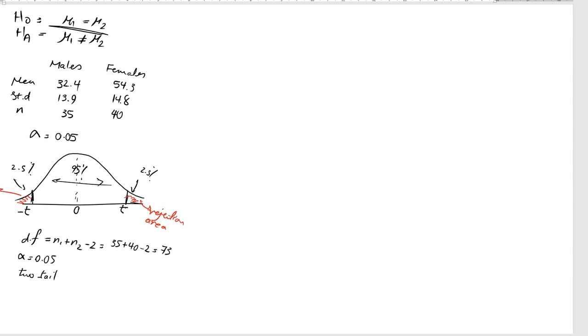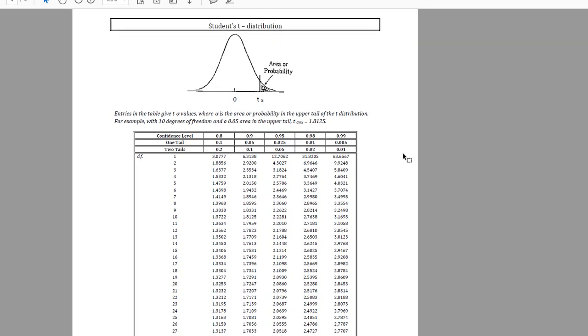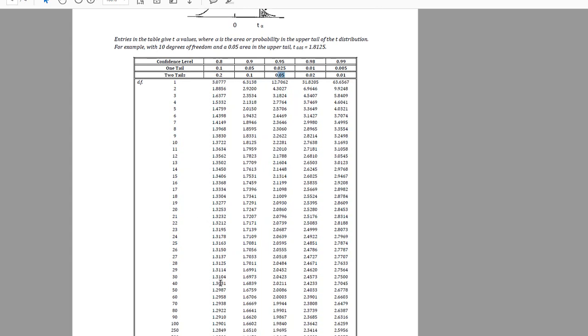Okay, I need to go to the t-distribution table. So degrees of freedom are given here. I'm dealing with a two-tailed test and alpha is 5%, so that's the column of interest. And degrees of freedom is 73. I don't have any 73 here. If I want to know the exact value, I need to use Excel or other software, but for the sake of your exam, I go with the closest to 73, which is 70.